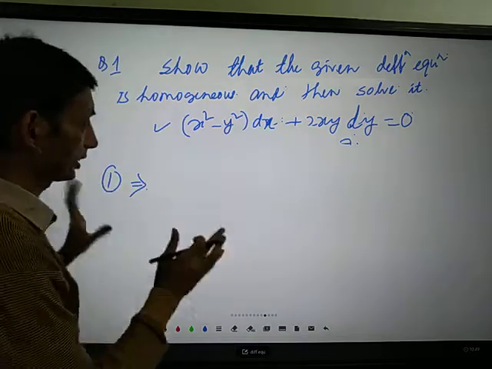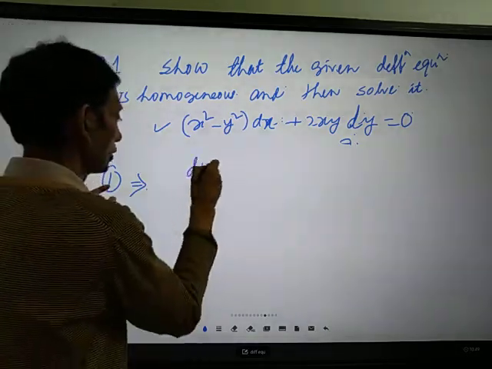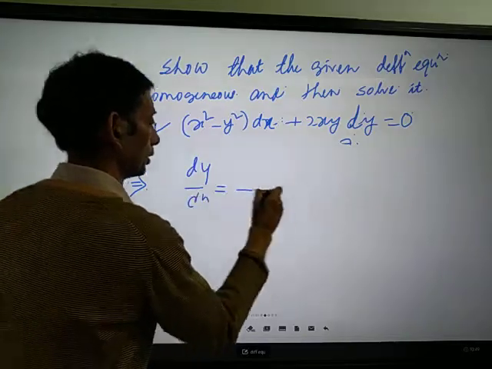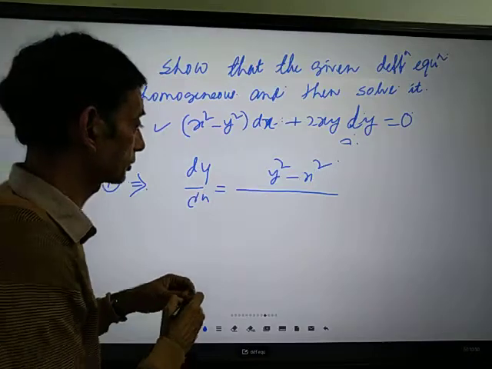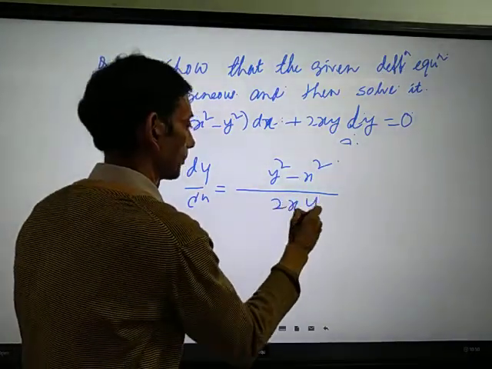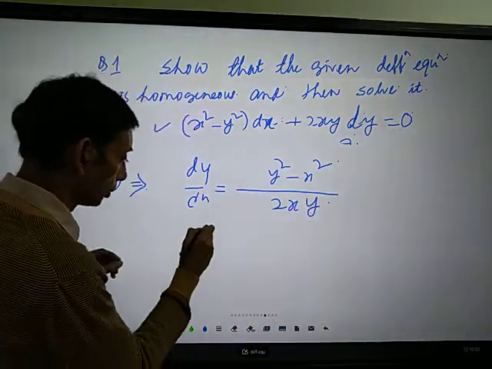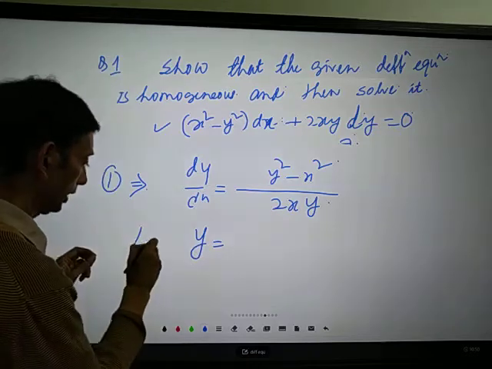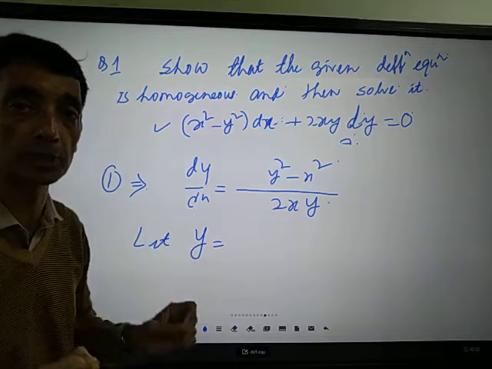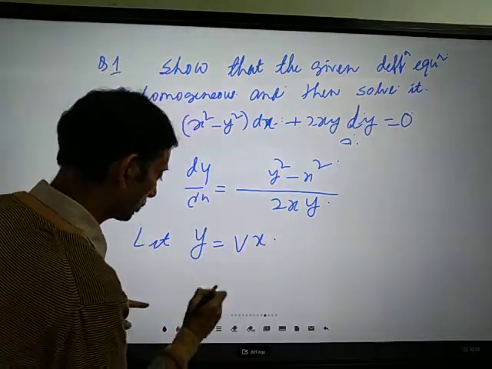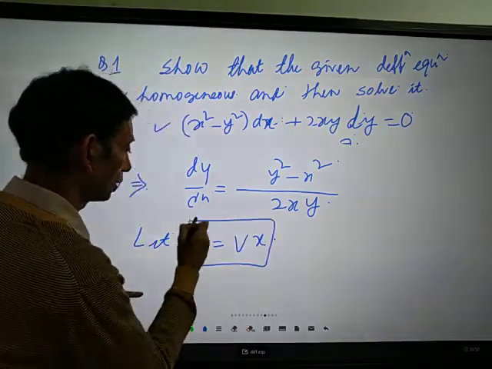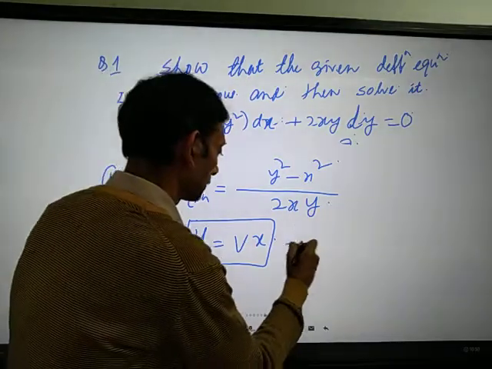Already we have written it in standard form, that is dy by dx equals y square minus x square over 2xy. The most important substitution in solving a homogeneous differential equation is y equal to vx. Very important, please remember this. y equal to vx. So you differentiate this.